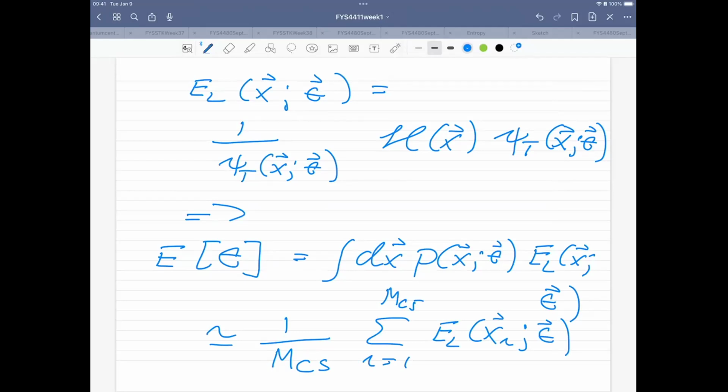Now, this is the approximation to the integral here, where we are going to use Bernoulli's law of large numbers. So this is called a sample mean value. And the hope is that when this MCS goes to infinity, we actually approach the mean value which you would get if you had the exact distribution. So keep in mind that you have the exact mean value.